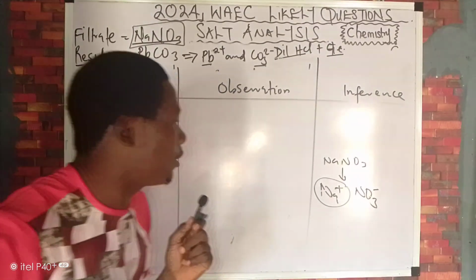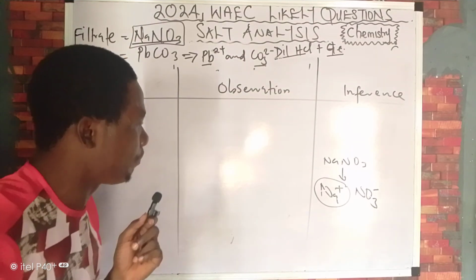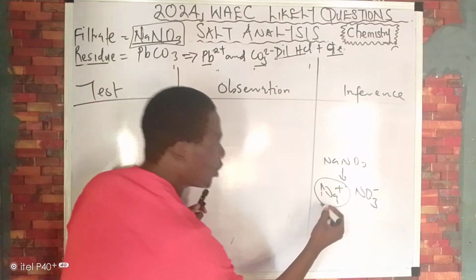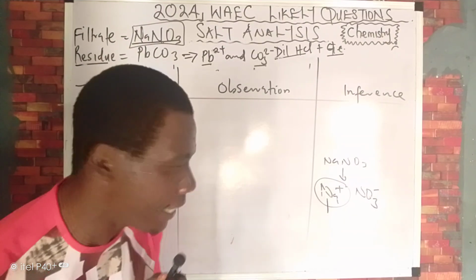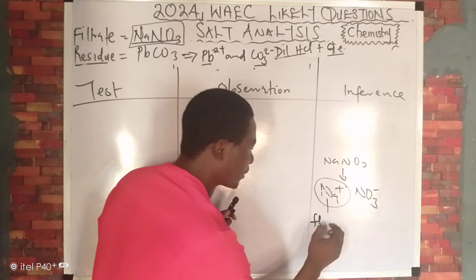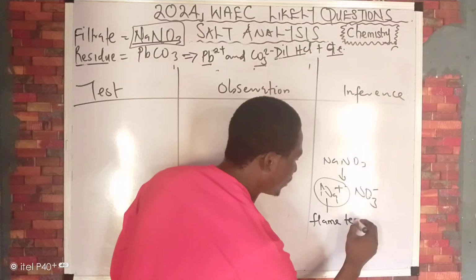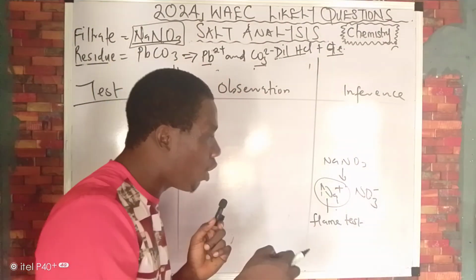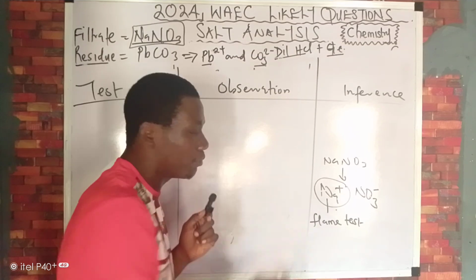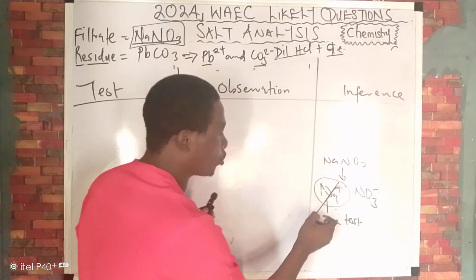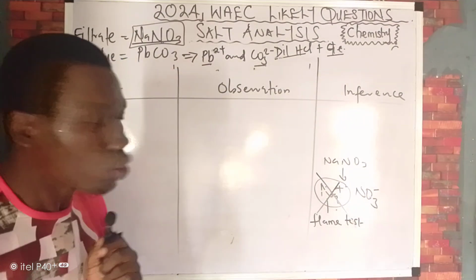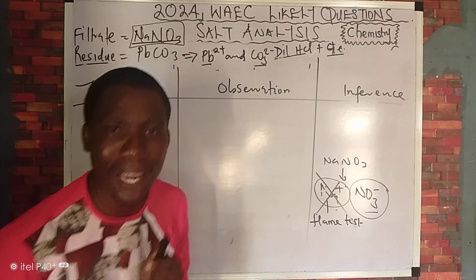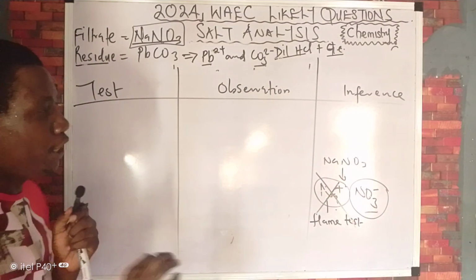The confirmatory test for sodium is zinc uranyl ethanoate, or they may ask you to do a flame test. From the specimen given, we don't have the material required for the flame test for sodium ion, so they will not ask you to test for this. Let's remove that. So what will be left is NO3-. Only NO3- they will ask you to test for in the filtrate.